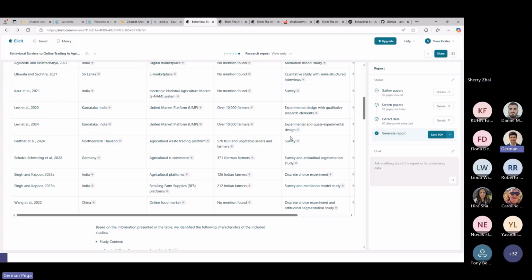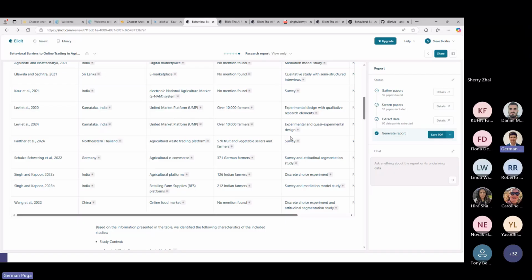If I'm going to put this or any version of this into my own paper or my own reports, I, as the author, as the human, need to go verify these papers. At the same time, as you're going through, you might find different parts that you care about that were not covered in this table.